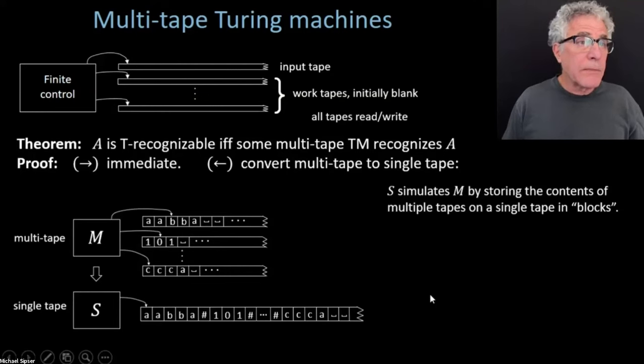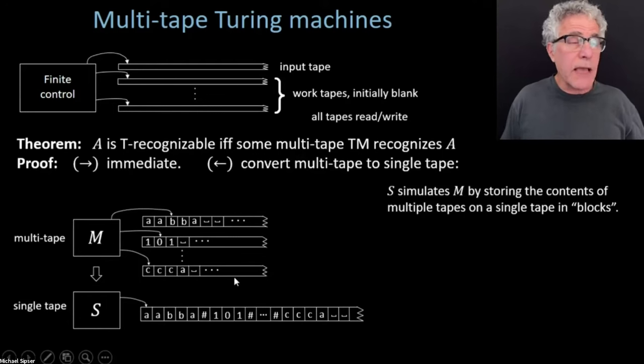So that's what the single tape Turing machine's tape is going to look like during the course of its computation. It's going to have the information represented in these blocks, capturing all of the information that the multi-tape Turing machine has, in a perhaps somewhat less convenient way. We didn't really make this explicit, and in part because it doesn't really matter, we didn't say exactly how the multi-tape Turing machine operates.